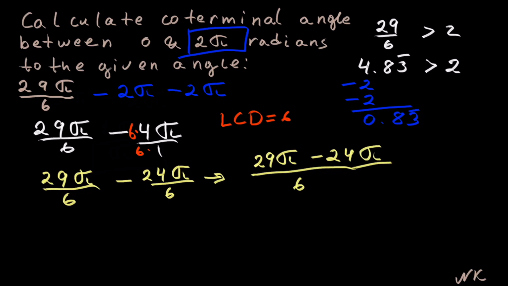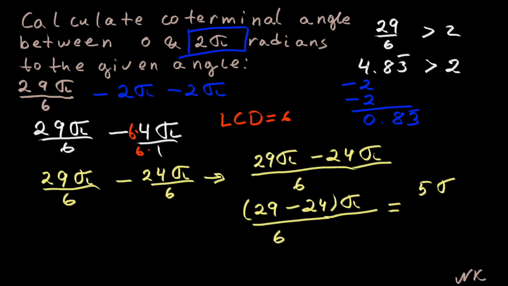Let's combine like terms. We have out of 6 and the coefficients of pi were 29 and negative 24. 29 minus 24, the difference is 5 pi out of 6. And this is our solution. That's all.